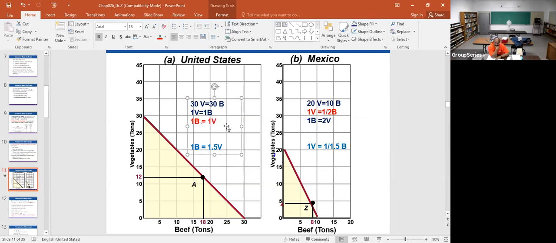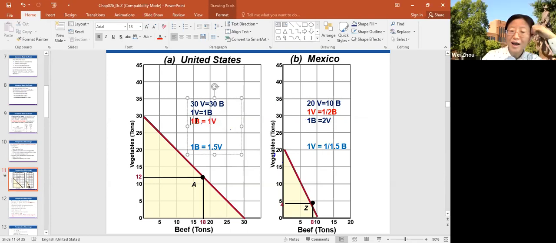Okay, so we find out US to make a beef only gives up 1 vegetable. Mexico needs to give up 2 vegetables. So US, I put it in the red, US has lower opportunity cost on making beef because its opportunity cost on making beef is 1 vegetable. Mexico, 2 vegetables. Are you with me now?